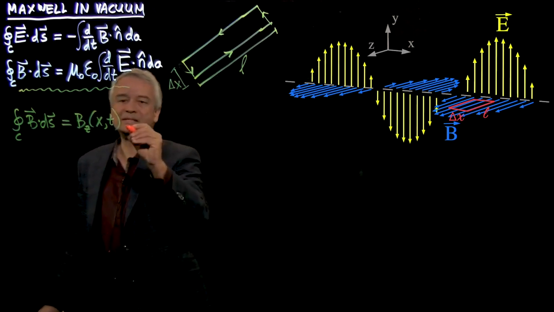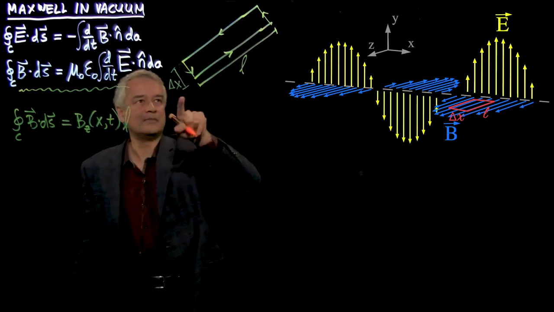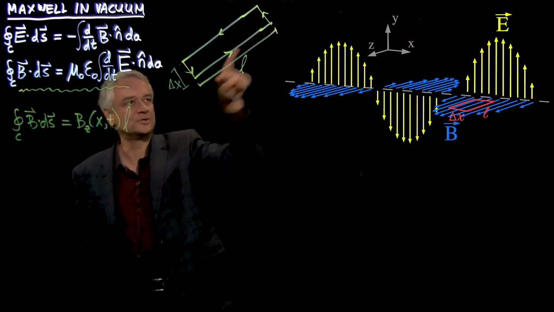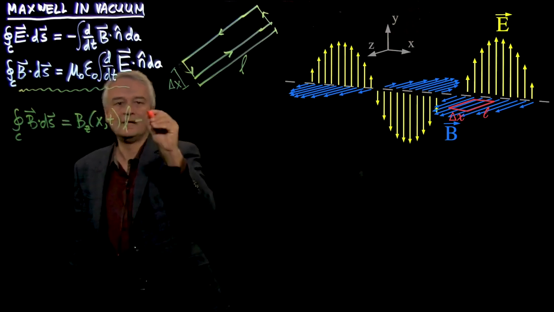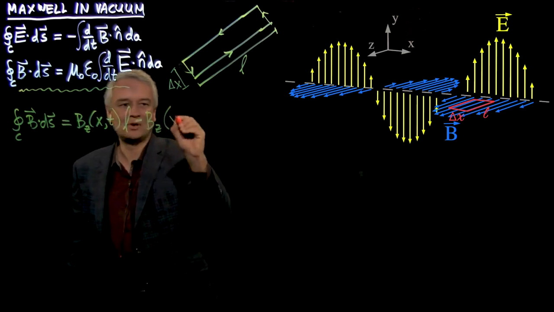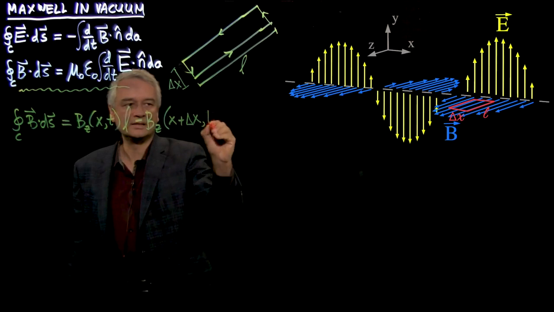So I get Bz times L. Now when I go up this way, B is running against the contour. I'm integrating along the contour this way, but B is pointing against me, so I have a minus sign. And then I have Bz, but now I'm not at the position x anymore. I'm at the position x plus delta x, t.